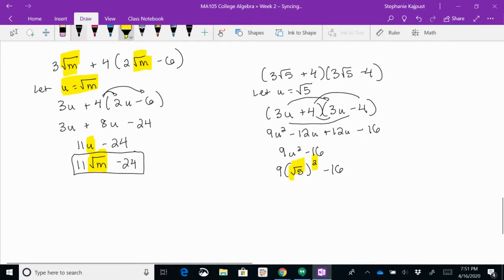So all we're left with is the 5. So you're left with 9 times 5 minus 16. So that's 45 minus 16, which comes to 29.